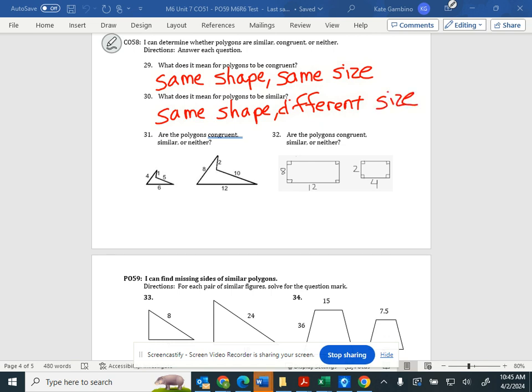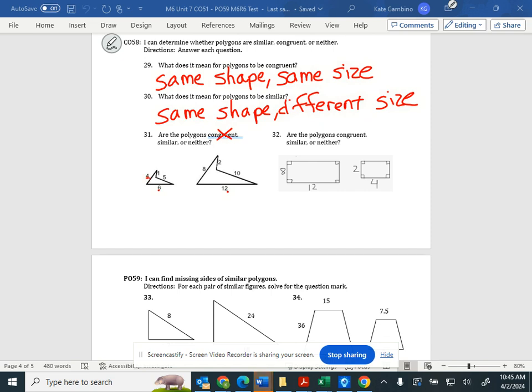So now we actually have to use that knowledge with our proportions to say, are these polygons congruent, similar, or neither? Well, first thing I can rule out if I have different numbers is they can't be congruent because they're not the same size. So now I need to look, are they similar or neither?